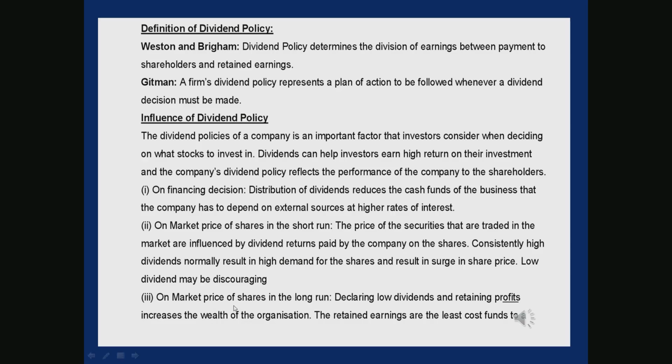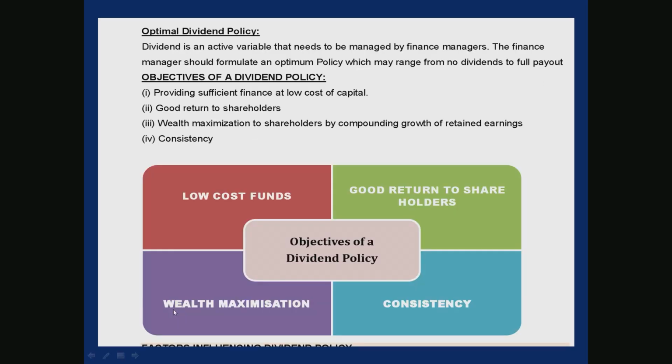So in the long run, such companies are more preferred because the wealth of the organization is higher, although the short term profits are lesser. So the market prices in the long run depend upon the wealth of the organization rather than the dividends that are paid. So therefore, the dividend policy affects the financing decision, the market price of the shares in the short run and the market price of the shares in the long run.